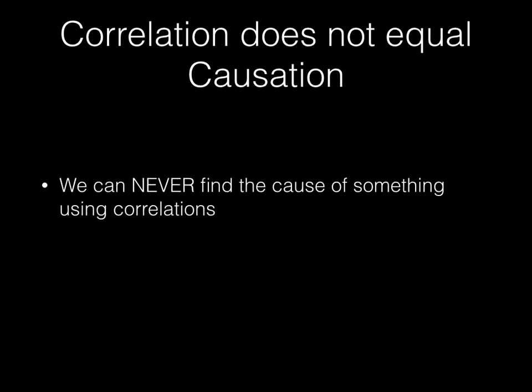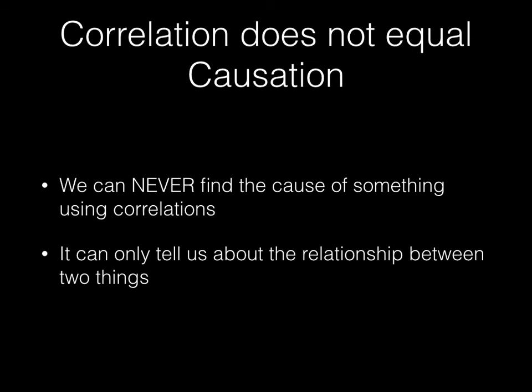In fact, we can never, ever, ever find the cause of something using correlations. All correlations give us is the relationship between two items. So it can tell us when height goes up, weight goes up, or when height goes down, weight goes down. But it does not tell us that an increase in height causes that increase in weight, or vice versa.